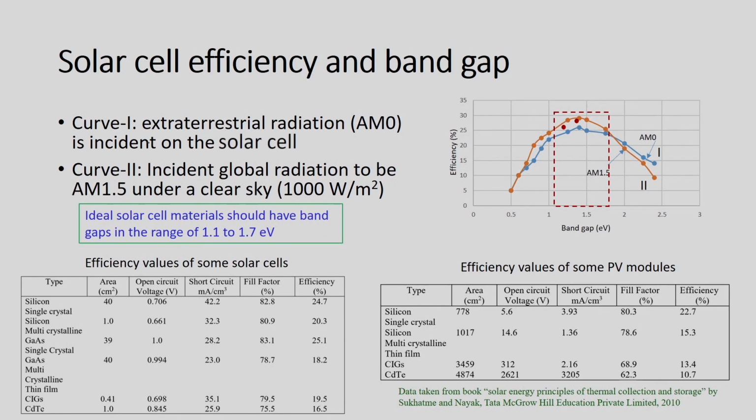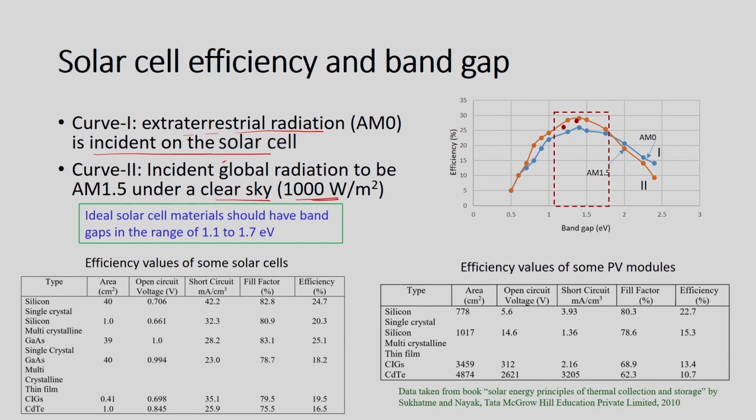So, curve 1 is where extraterrestrial radiation is incident on the solar cell, and curve 2 is where global radiation is incident, corresponding to AM 1.5 under a clear sky. And it is assumed that the intensity of solar radiation is 1000 watt per meter square.